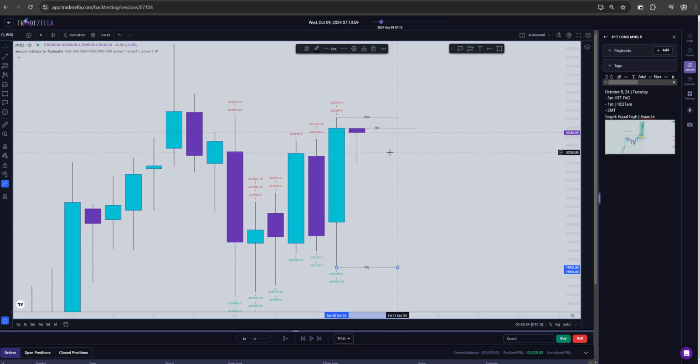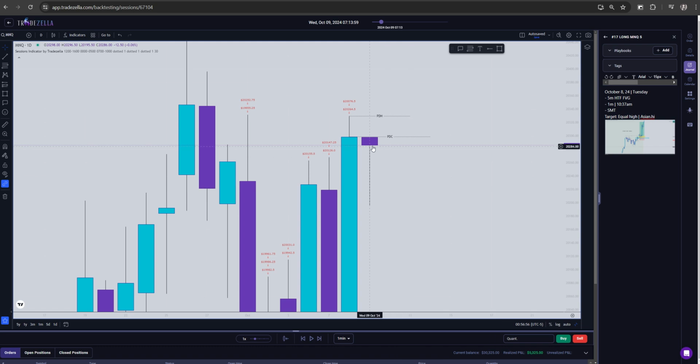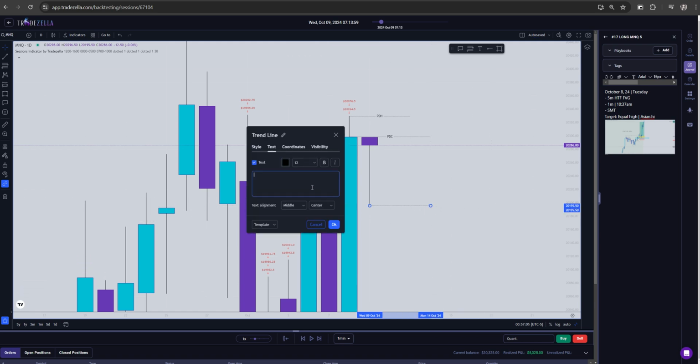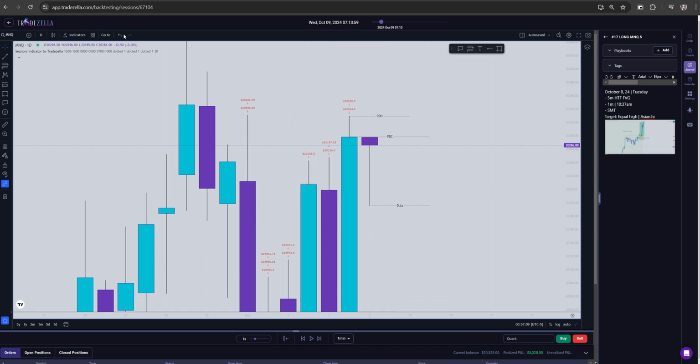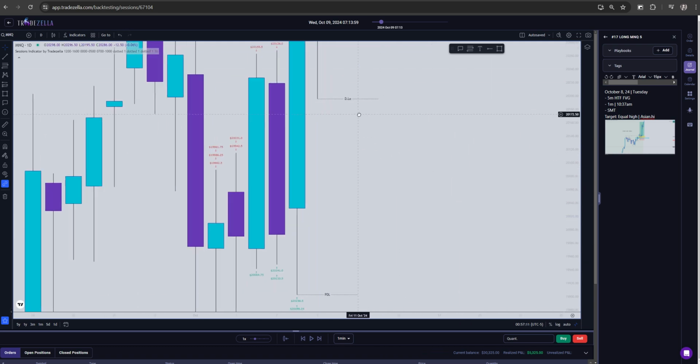Learning all the abbreviations, yes indeed. And then today we got this, today's low. Might as well just mark that out. Day low.